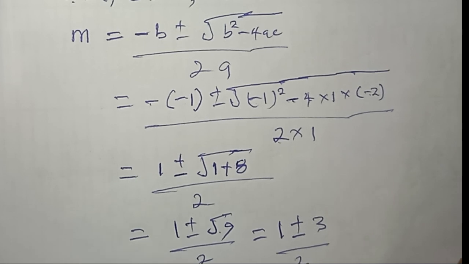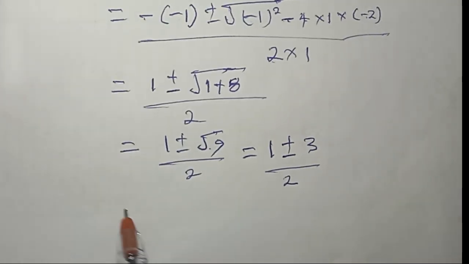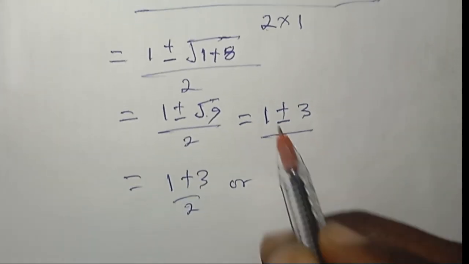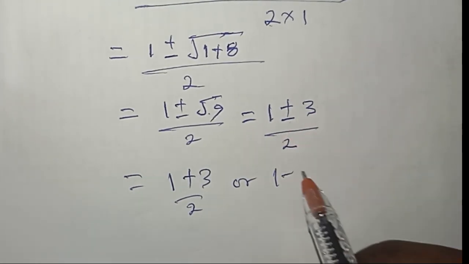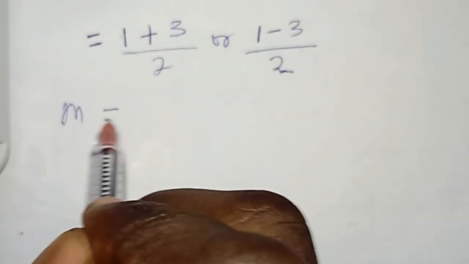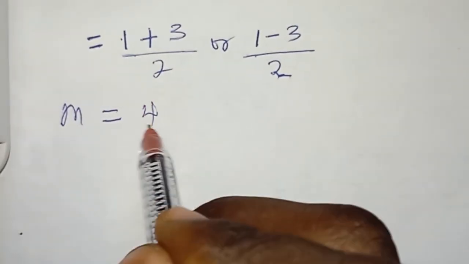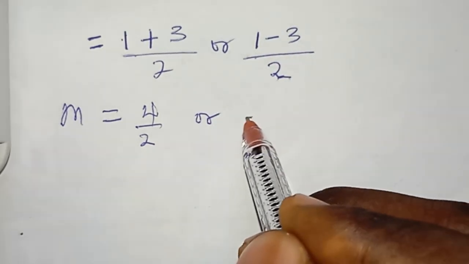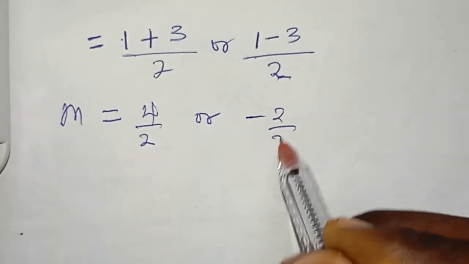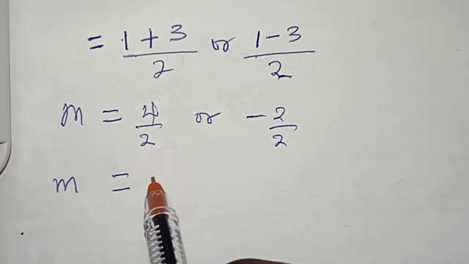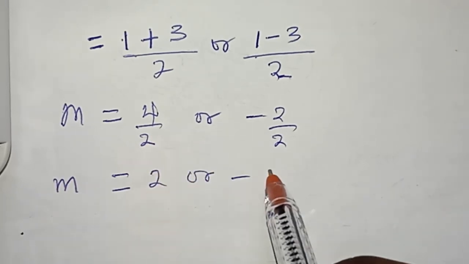So you actually see that m is equal to 1 plus 3 divided by 2, or 1 minus 3 divided by 2, in which case m is now equal to 4 divided by 2, or minus 2 divided by 2, which means m is now equal to 2 or minus 1.